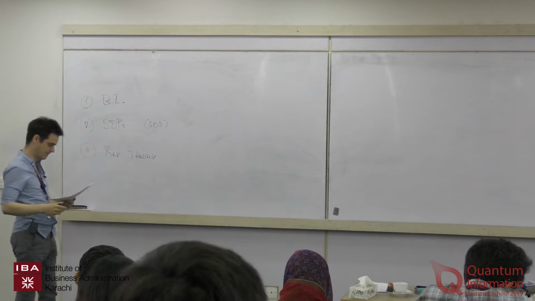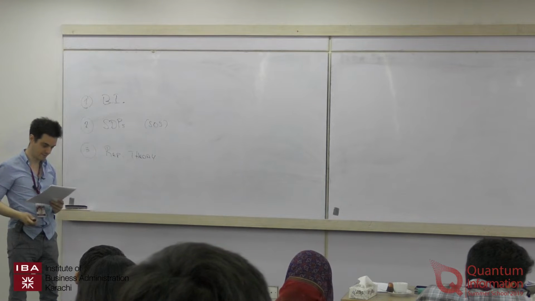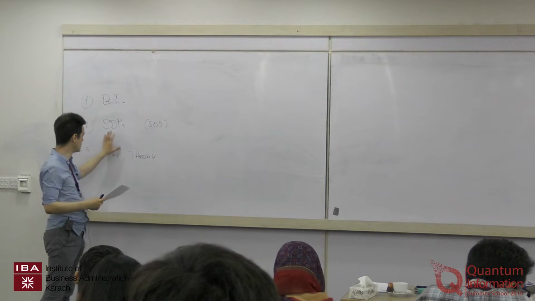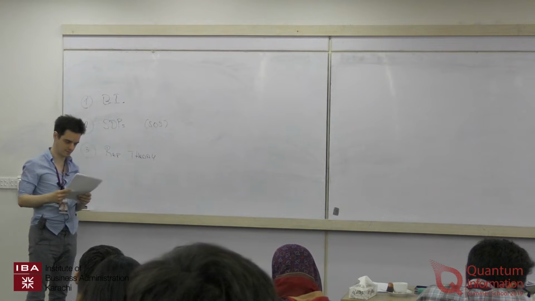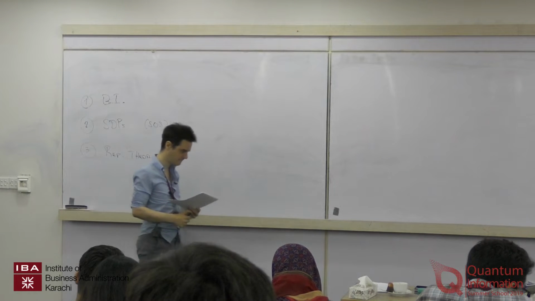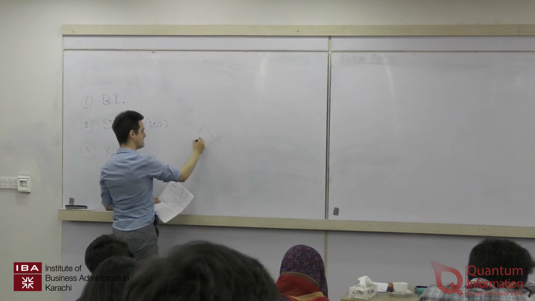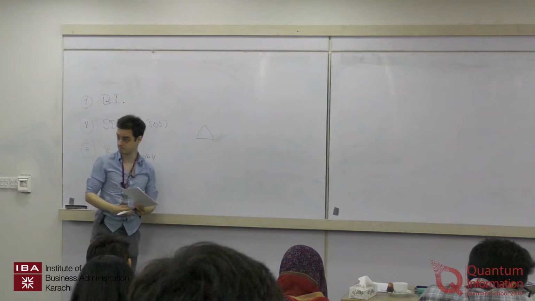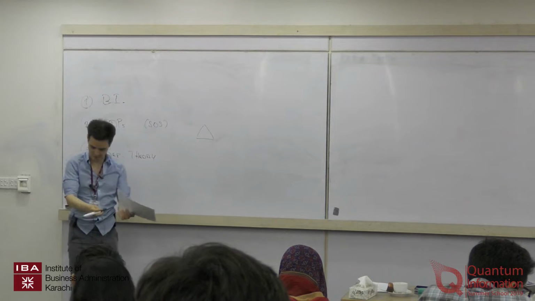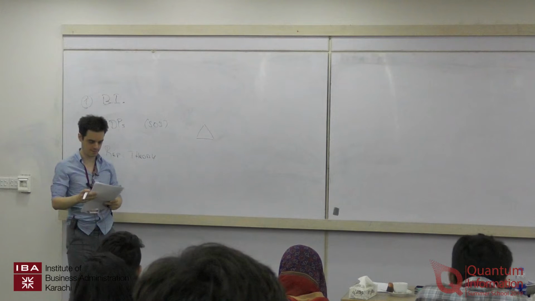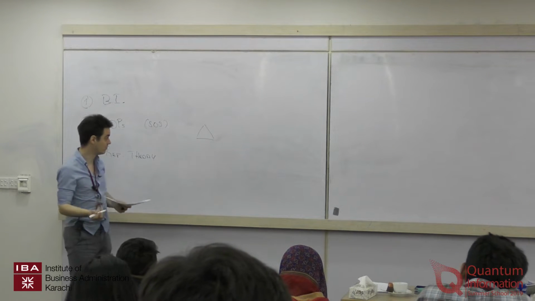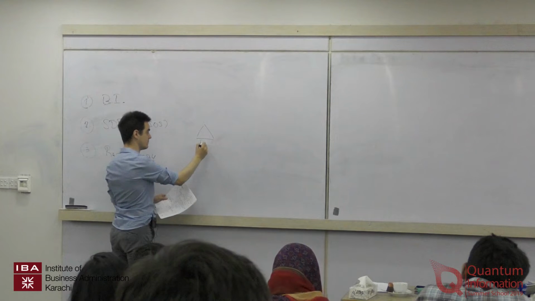So that's a bit of the schedule that we are going to have. Now I will say a few words about device independence and the motivations. The idea is that we will assume that physical systems are just boxes. You get something in your lab, and on that box you can do measurements, and you will get outcomes.